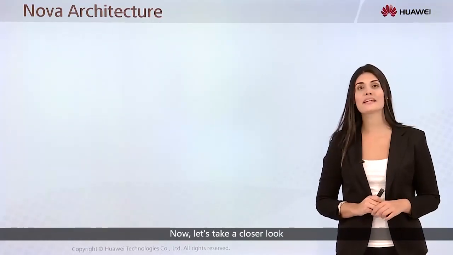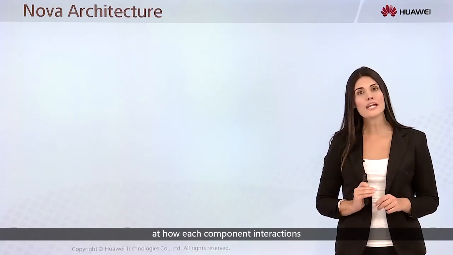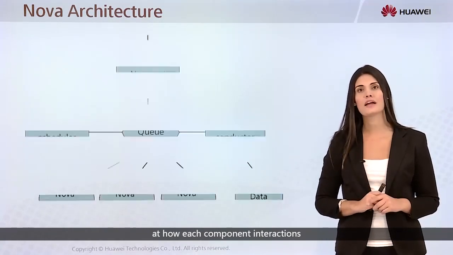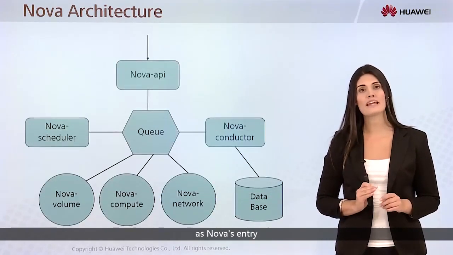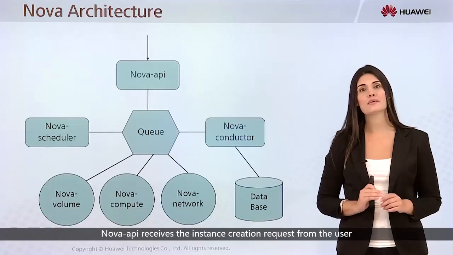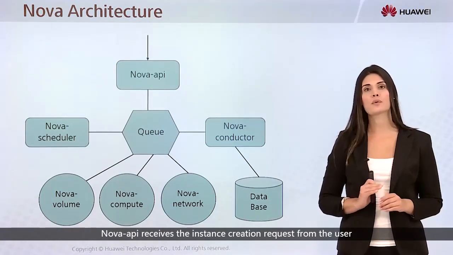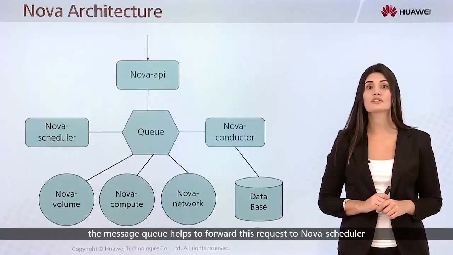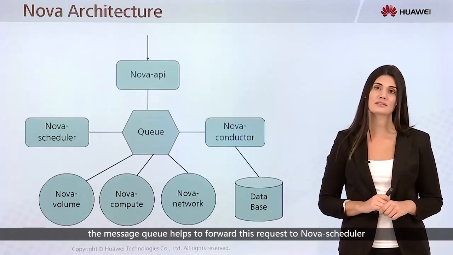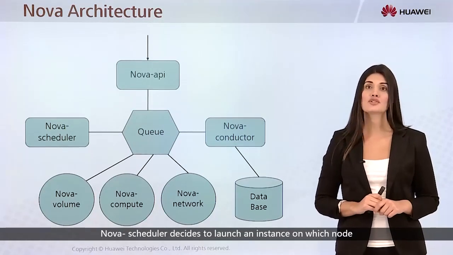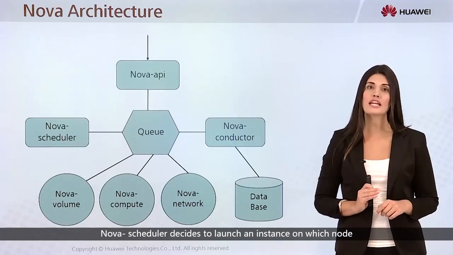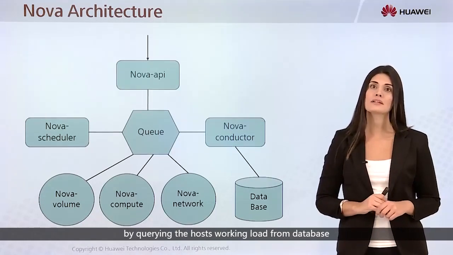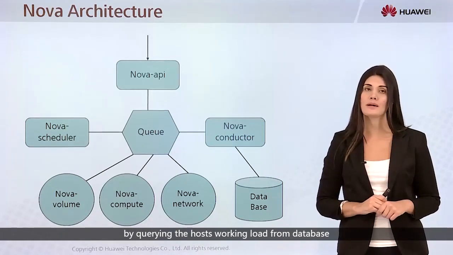Now, let's take a closer look at how each component interacts. First of all, the Nova API receives the instance creation request from the user. Then, the messenger queue helps to forward this request to the Nova Scheduler. The Nova Scheduler decides which host to launch the instance on by querying the host's workload from the database.